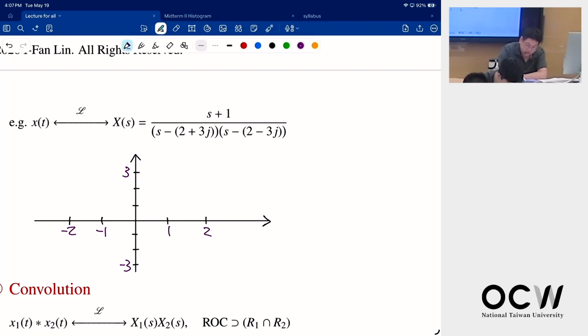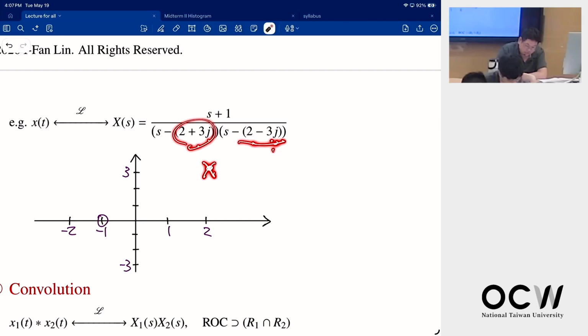So here I should have minus 1. And then the poles 2 plus 3j here, and minus 2 minus 3j here. So this is the pair.